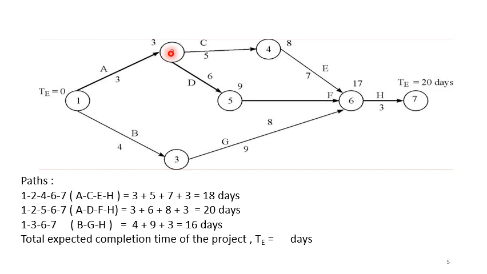Because we have seen in the previous video, activities consume time, whereas events do not consume time. So here 1 represents start of activity A, 2 represents end of activity A.